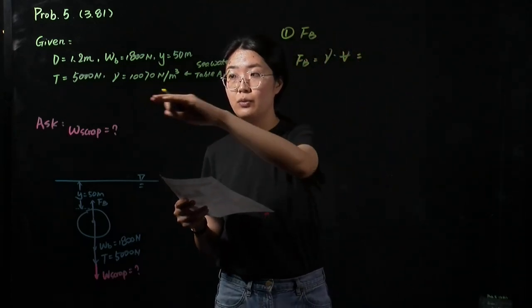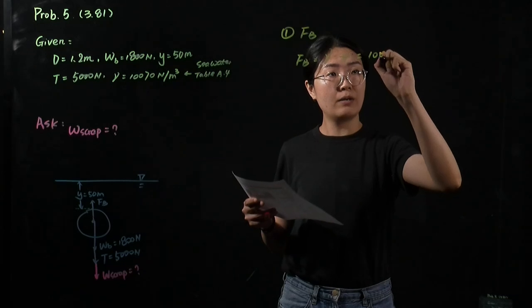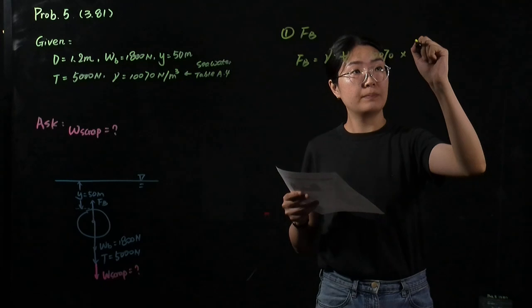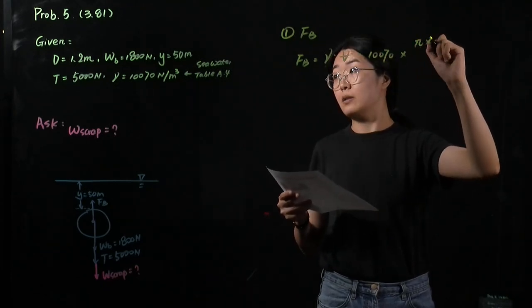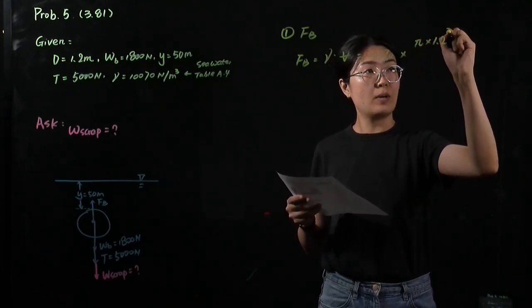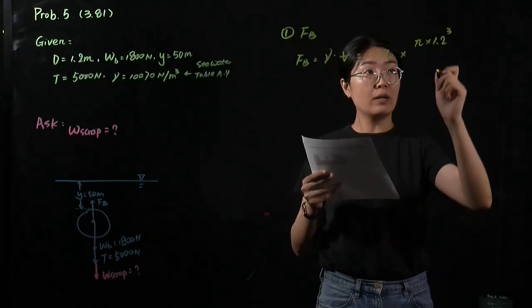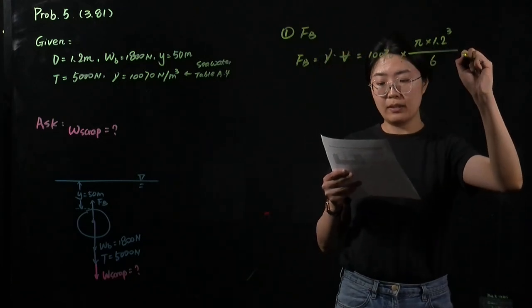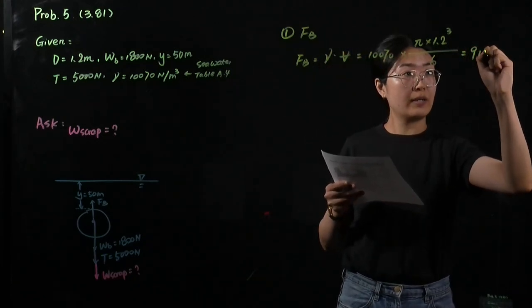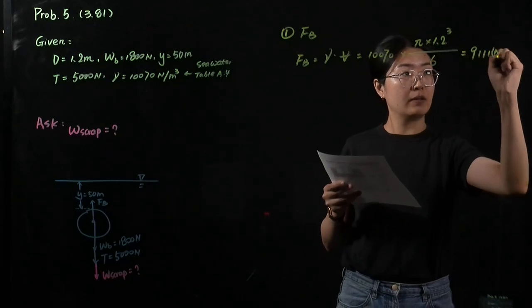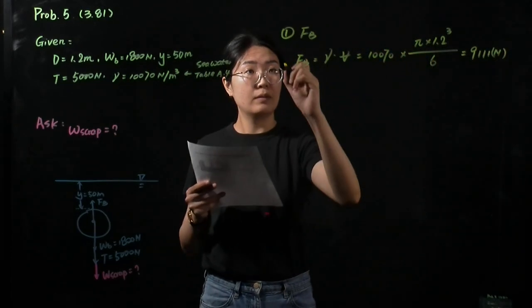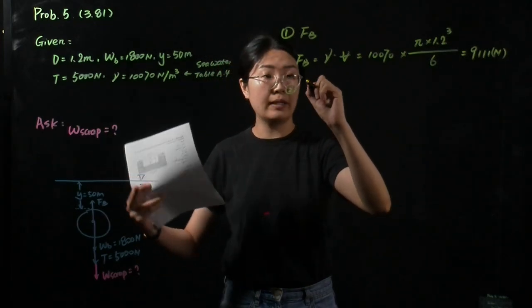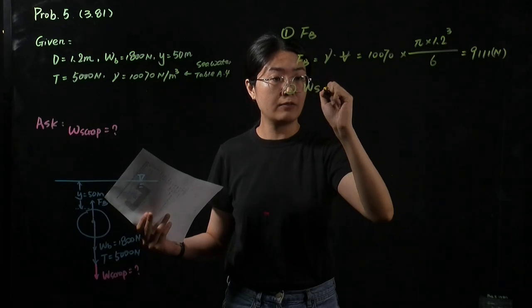So it equals 10,070 times pi times the diameter, which is 1.2, to the power of 3 divided by 6. So it equals 9,111 Newton. Then in the next step, we can calculate the weight of scrap.